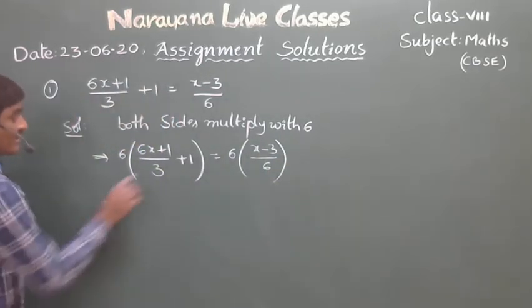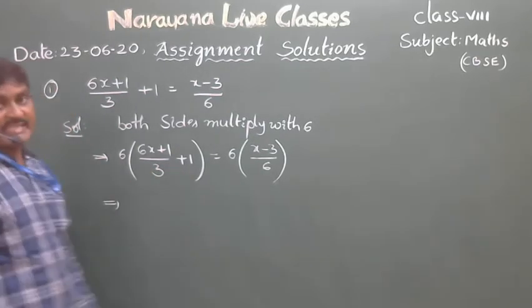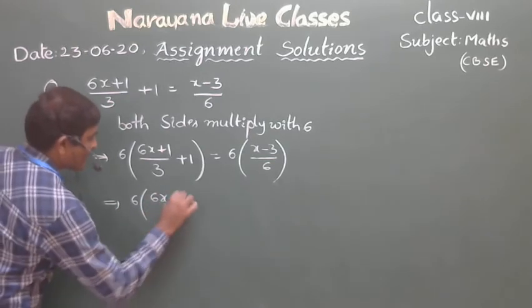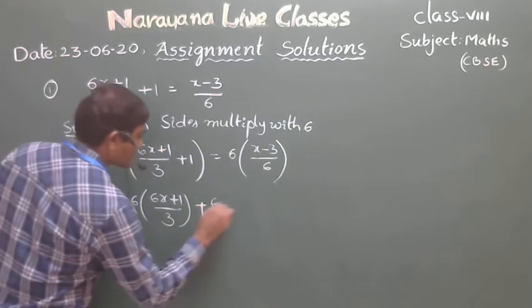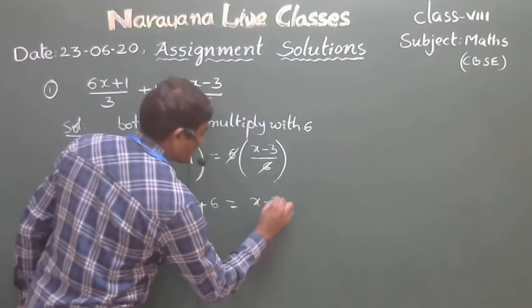Which gives, here in the bracket we have two terms, and both terms we need to multiply with 6. So 6 into (6x+1)/3 plus 6 into 1 equal to, this 6 and 6 cancel, x minus 3.